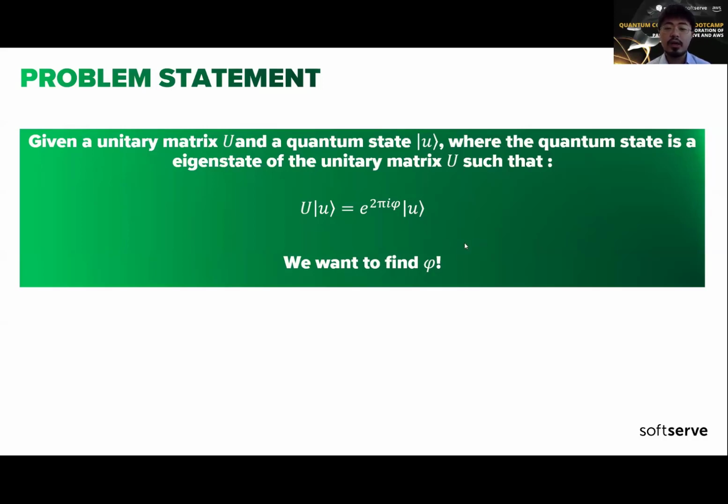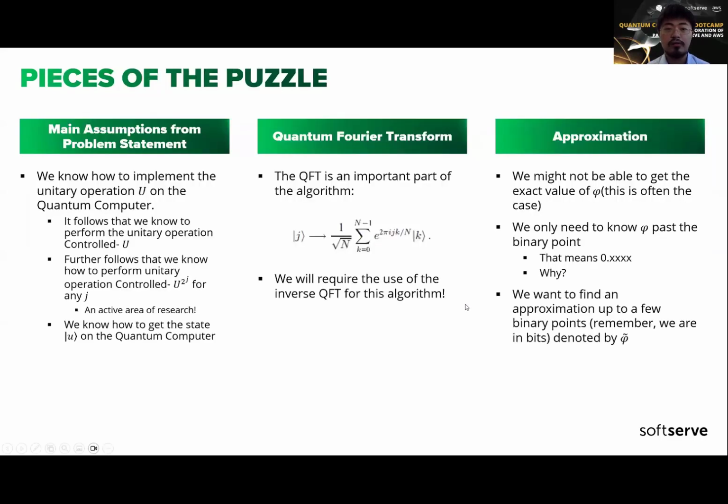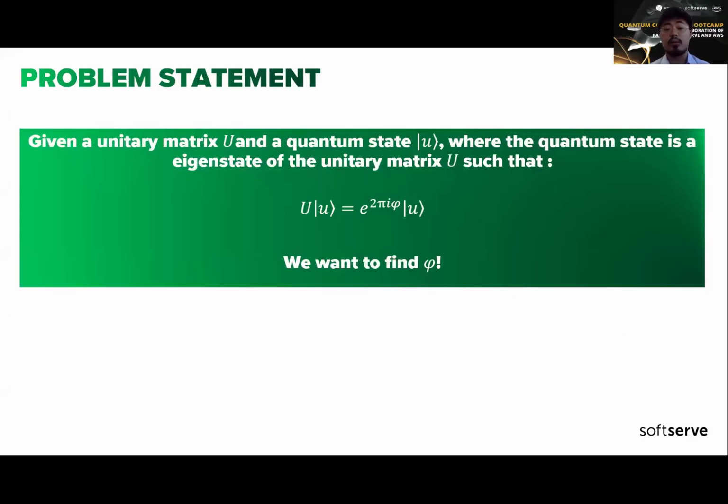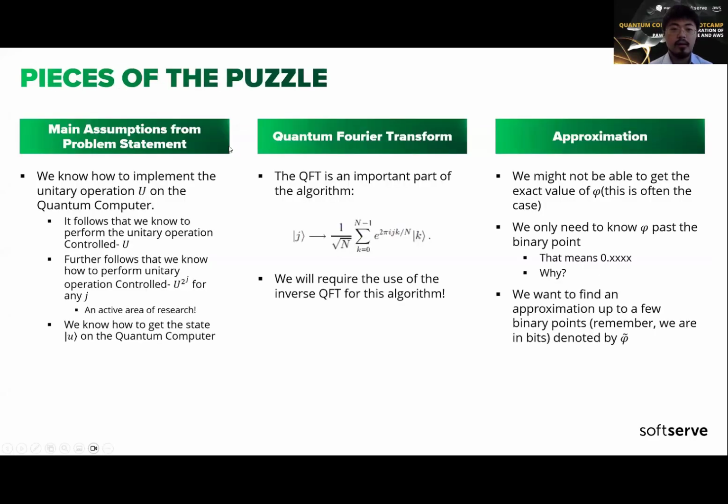Okay. So given this problem statement, there are a few things that we can piece together, like parts of the puzzle. There are a few main assumptions from the problem statement. Firstly, we are given this unitary matrix U. It follows that we should know how to implement this unitary matrix on the quantum computer.